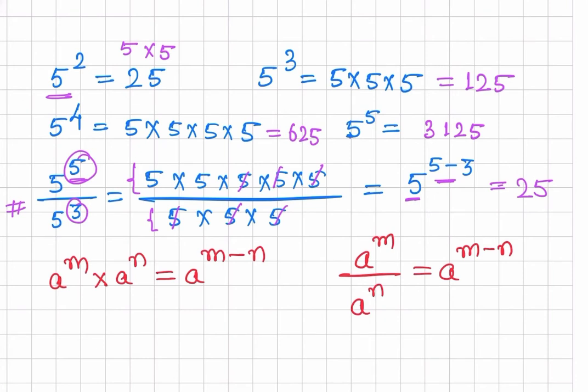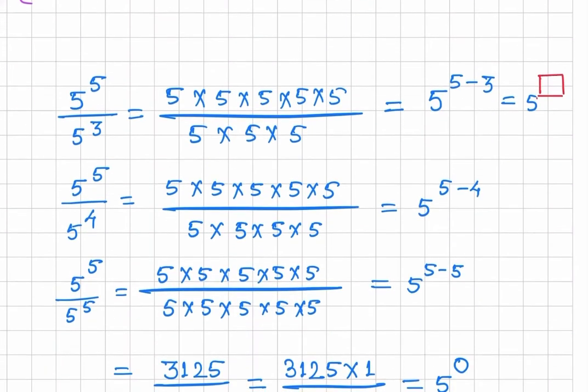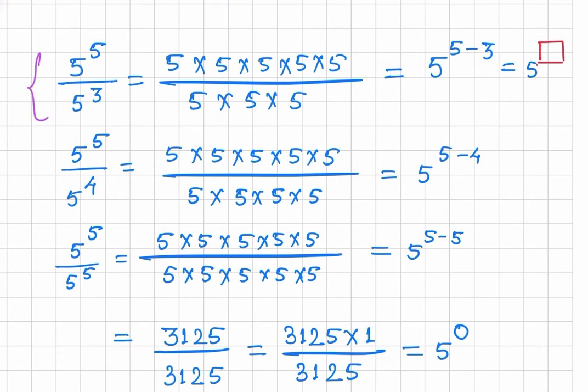I hope in class 6th or 7th grade you have learned this identity. If you divide a raised to m by a raised to n, you get a raised to m minus n. You are just subtracting those two powers. So what we have seen so far, 5 raised to 5 divided by 5 raised to 3 is nothing but 5 raised to 5 minus 3, and that is 5 squared.